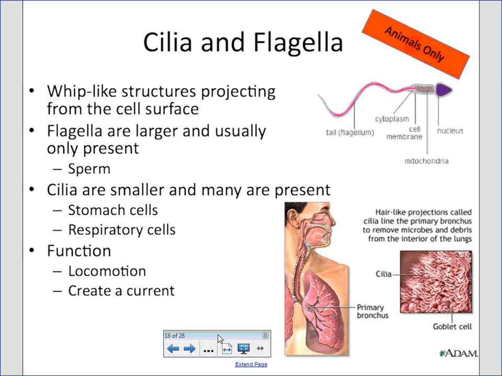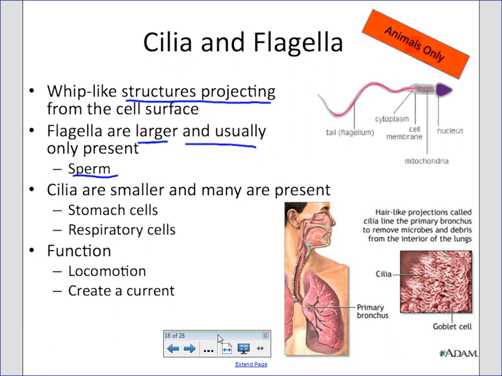In specialized cells, there can be certain additional structures, such as cilia and flagella. So flagella are those whip-like structures projecting from the cell surface. The flagella are generally larger and will usually only be present in very specialized cells, such as sperm.